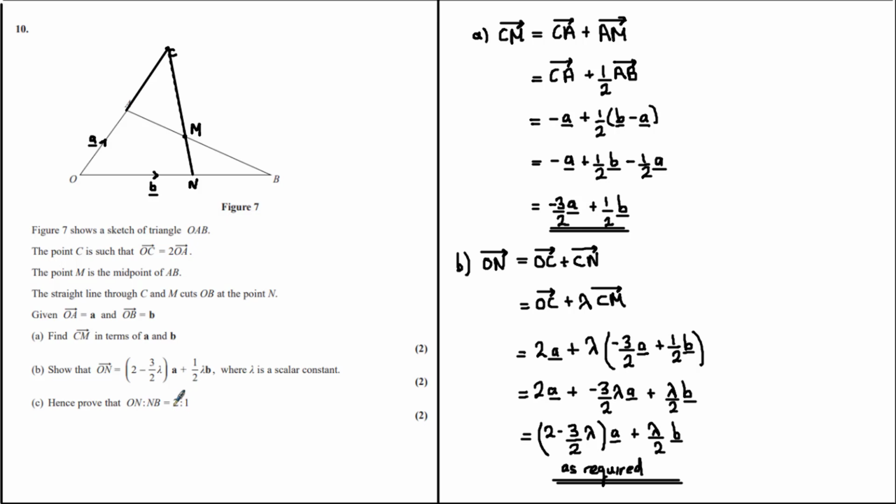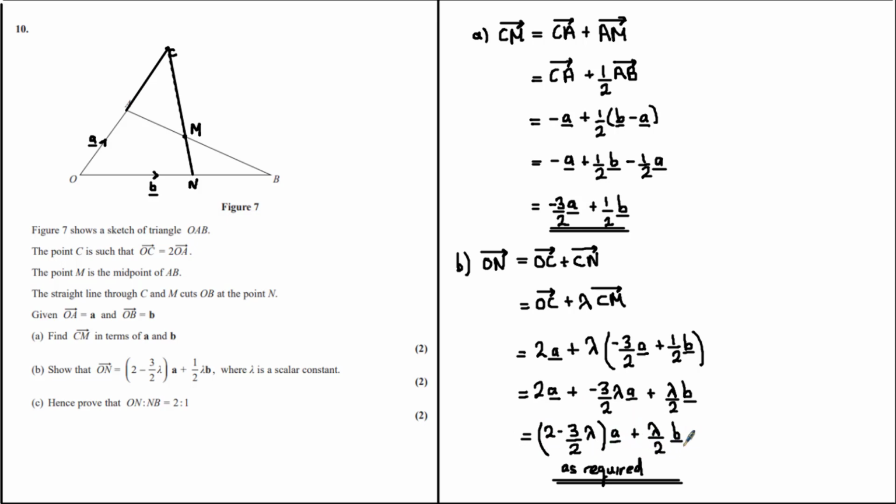So if we can prove that ON is 2/3 of the line OB, which represents all parts of this ratio, then we've proven that the ratio ON to NB is equal to 2 to 1. Now, we've just shown a way to express the vector ON in the previous question.